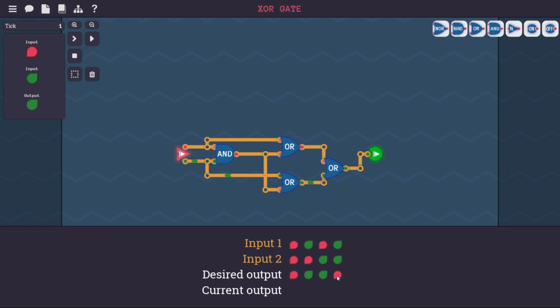And finally, both of them are on. Then it becomes off. That's where I don't get it. Okay, but this is becoming tough.